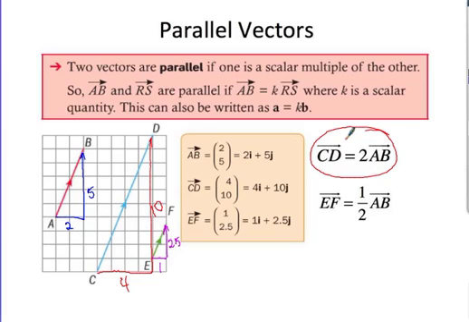So CD is equal to double AB, and EF is equal to half of AB. Again, they're just scalar multiples of each other. Just a little thing to add here would be that k can be an element of the reals. k can be any real number.